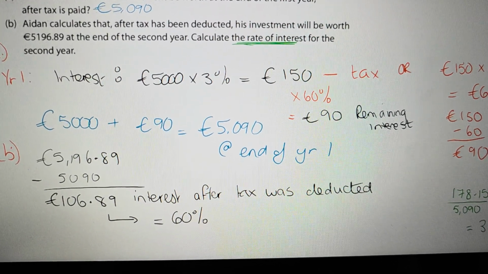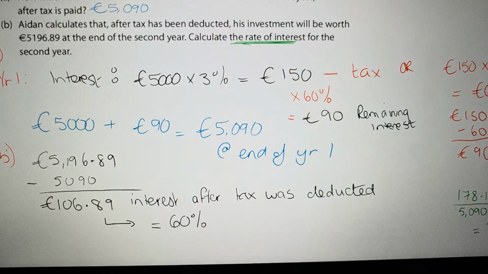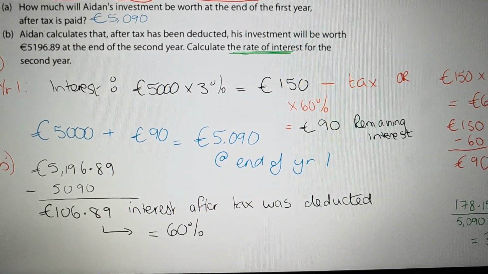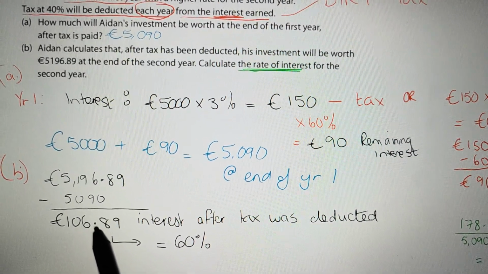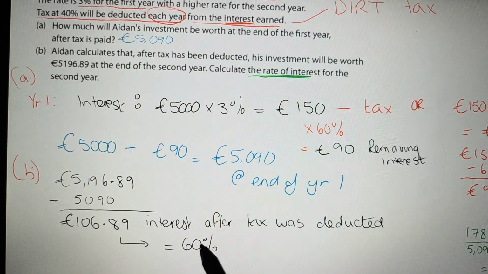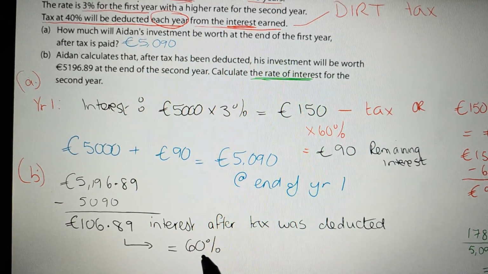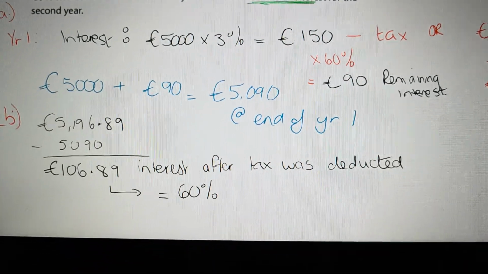The question is asking me to calculate the rate of interest. Well, in order to calculate the rate of interest, I need to know how much interest was earned in total before the tax. So I set up an equation. The 106 euro and 89 cent must be equivalent to the remaining amount of interest he got to keep. So that's 60%. 100% take 40% for the tax, leaves me with 60%.